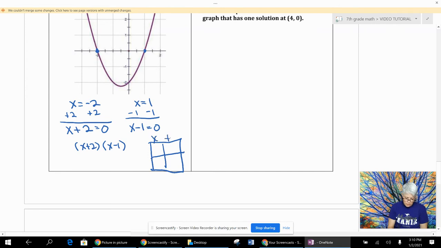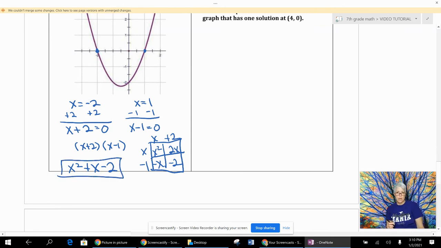X plus 2, x minus 1, x squared, 2x, minus x, minus 2. So we have x squared plus x minus 2. Bam, we're there.